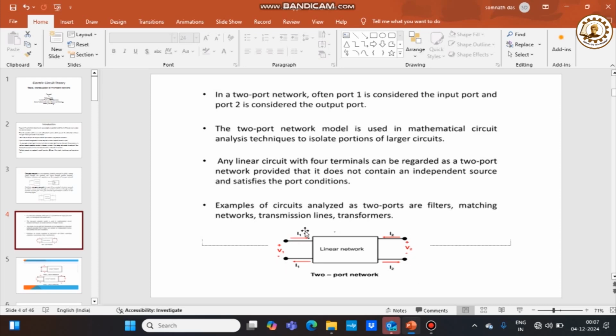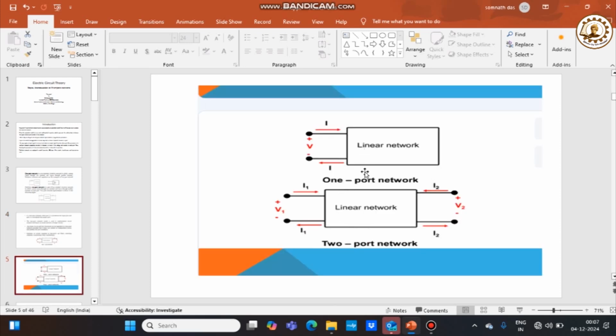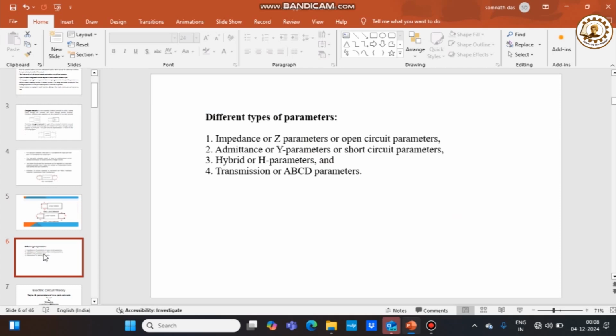So here V1, I1, V2, I2 are the four variables which we are getting from the two-port network. This figure shows the two types of network, one-port network and two-port network. For the one-port network we are getting only the voltage and current, and for the two-port network there are four variables.